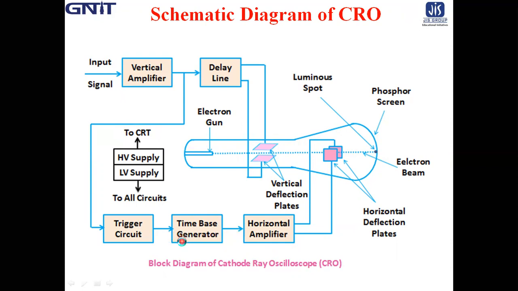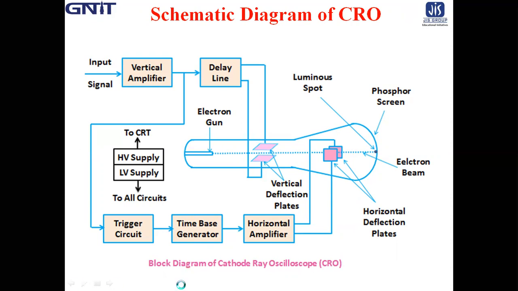These amplifiers enhance the deflection sensitivity for weak input voltages. The signal amplitude can be adjusted through a variable input attenuator for noticeable display on the screen and ease of measurement.